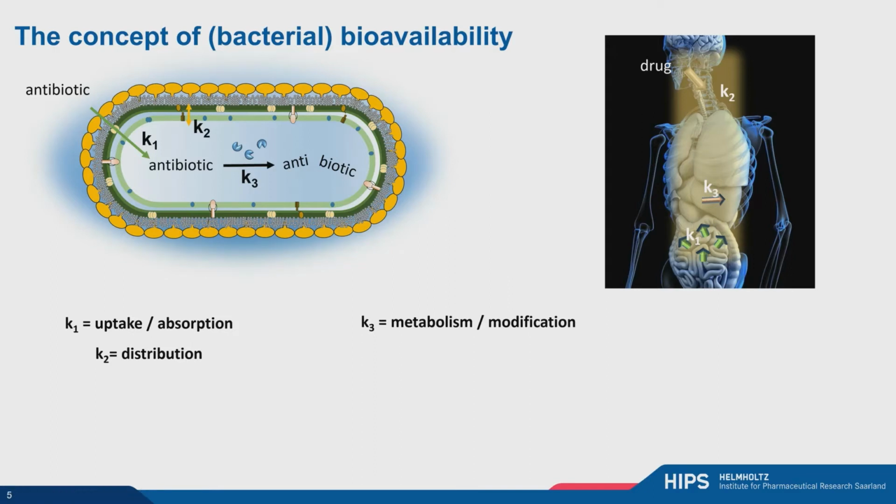This has been reported already in literature. Hydroxy groups can also get acetylated by enzymes. Polycycles like tetracyclines can undergo oxidation, and there are probably many more mechanisms which we don't know yet.